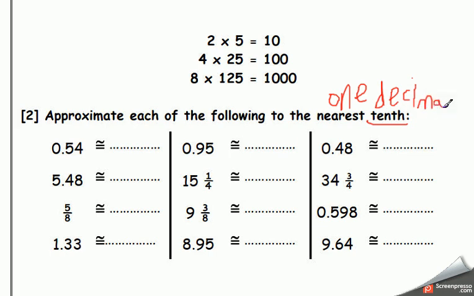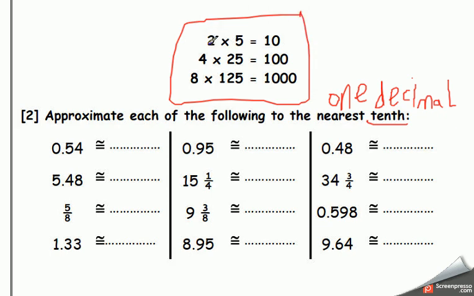At grade 5, we will explain approximation nearest hundredths, or two decimals, and approximation nearest thousandths, or three decimals. Now, before I start this lesson, you should remember the brother rule.